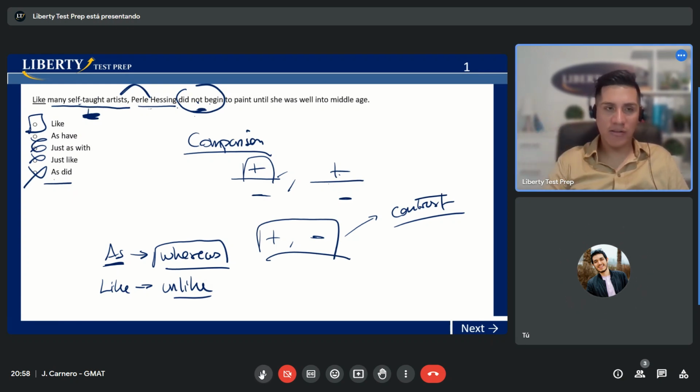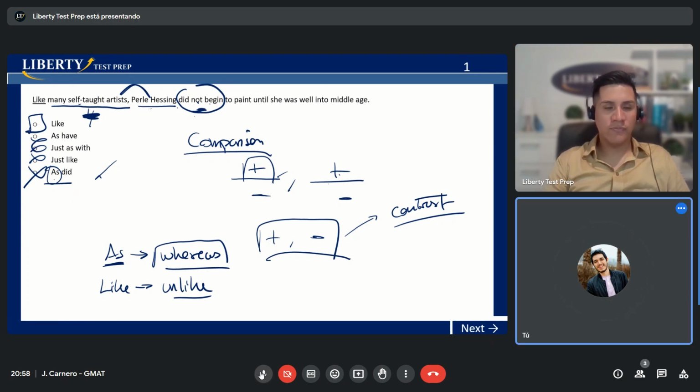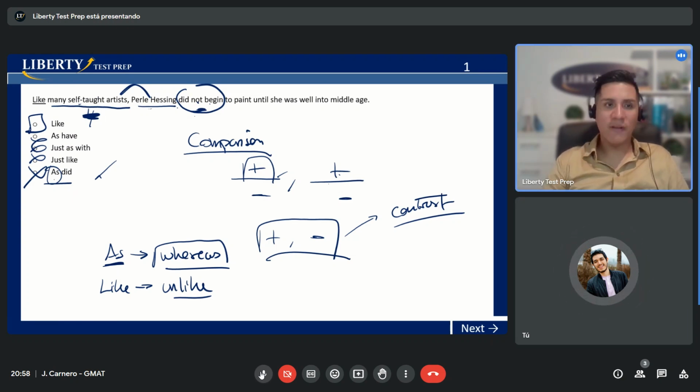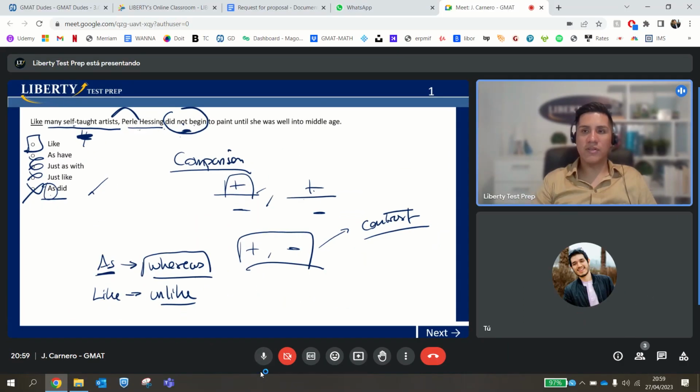When you had like at the beginning, it was a comparison. You were comparing two things. You are saying that both of them did not begin, both of them didn't do one action, so both were negative. Later, it will be changing because it's saying the first one is positive and the other one is negative. Plus, it's wrong that they have as. They should have whereas. So that's a little bit more tricky. Okay, very good. But that's why A is the answer here.